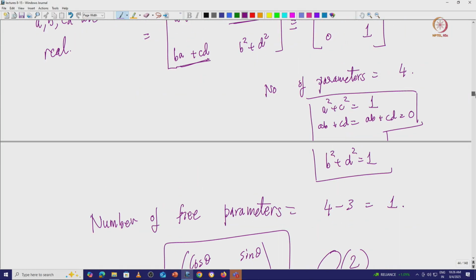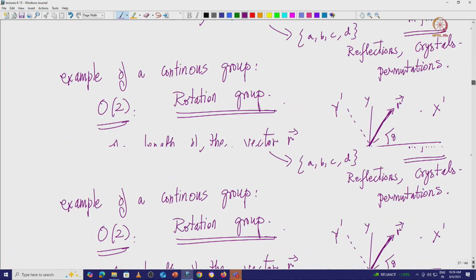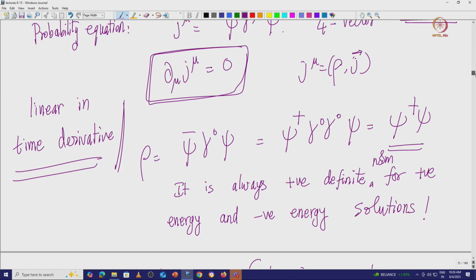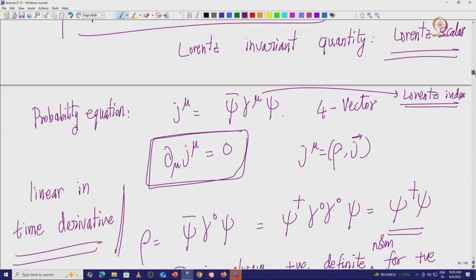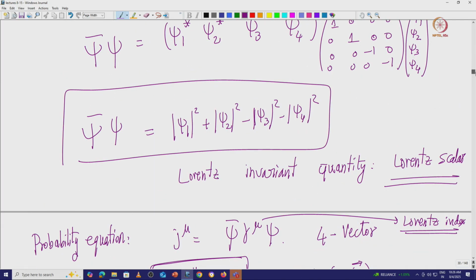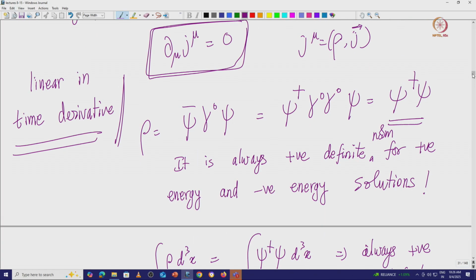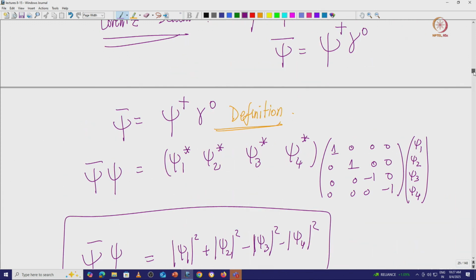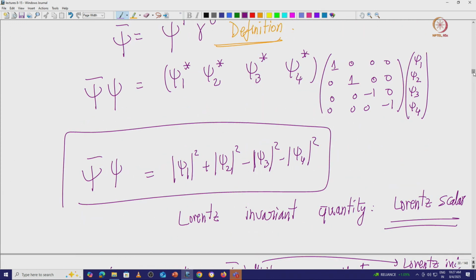I am trying to find the notes. Here it is. So you see that this is a Lorentz invariant quantity. This is positive definite and Lorentz invariant, and psi bar psi is given by this particular thing.